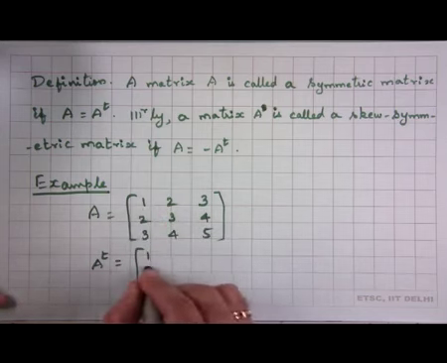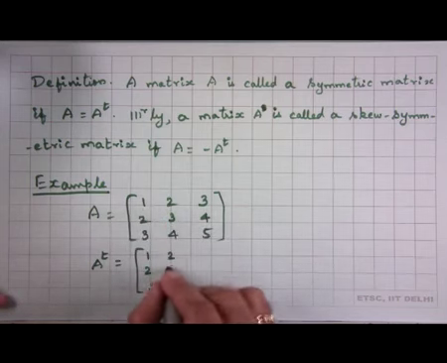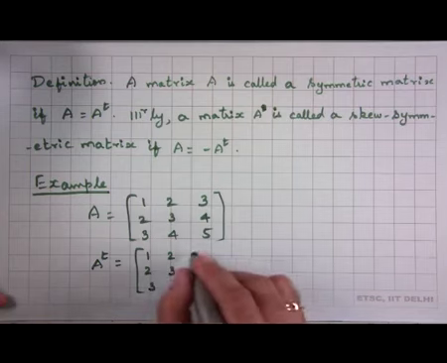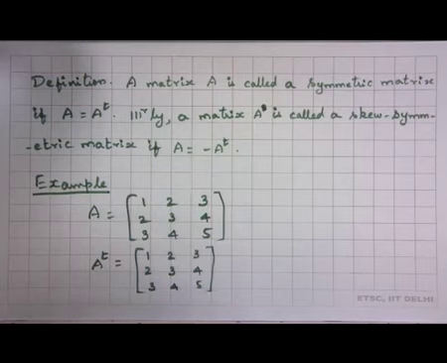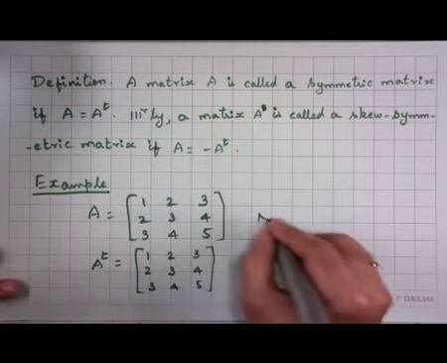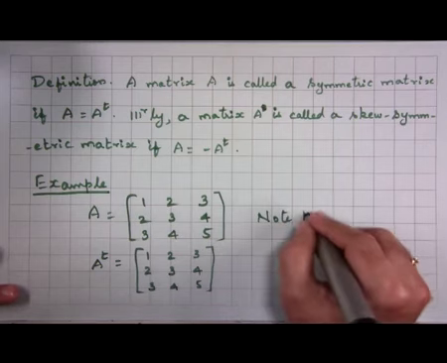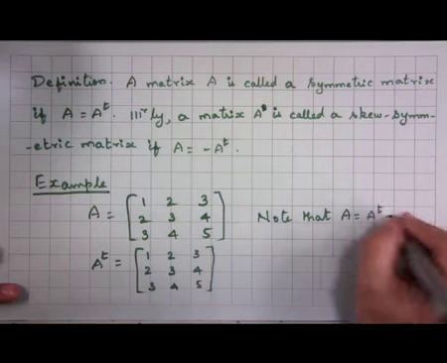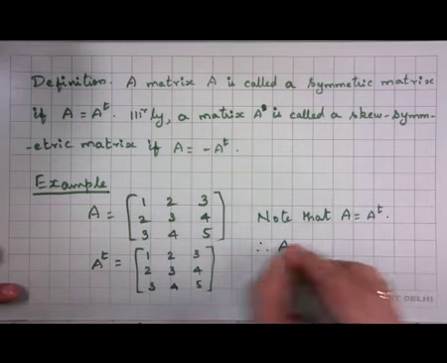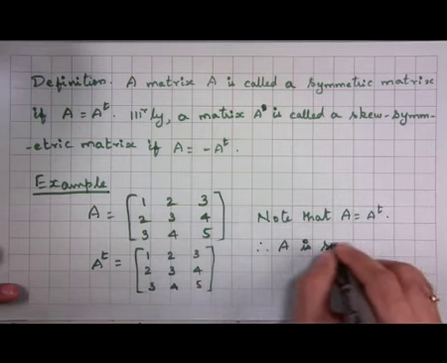So, 1, 2, 3, 2, 3, 4, 3, 4, 5. This is the one that we have obtained after taking the transpose. So, note that A equal to A transpose, therefore, A is symmetric.